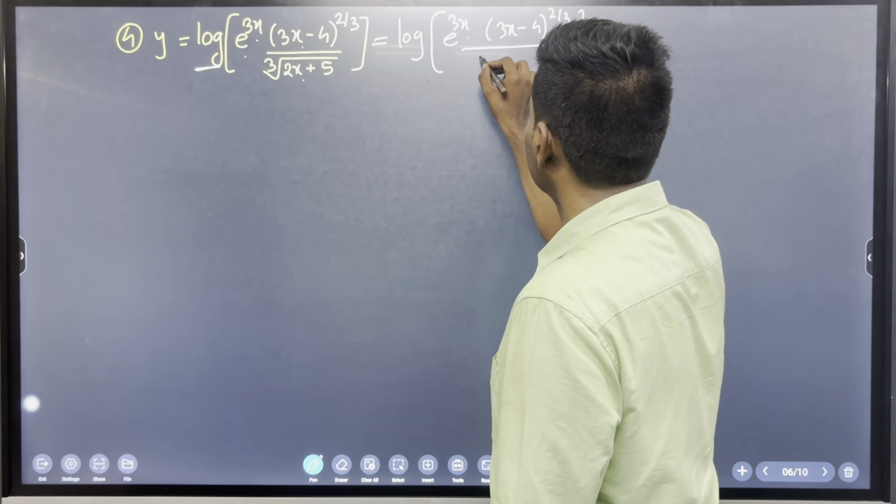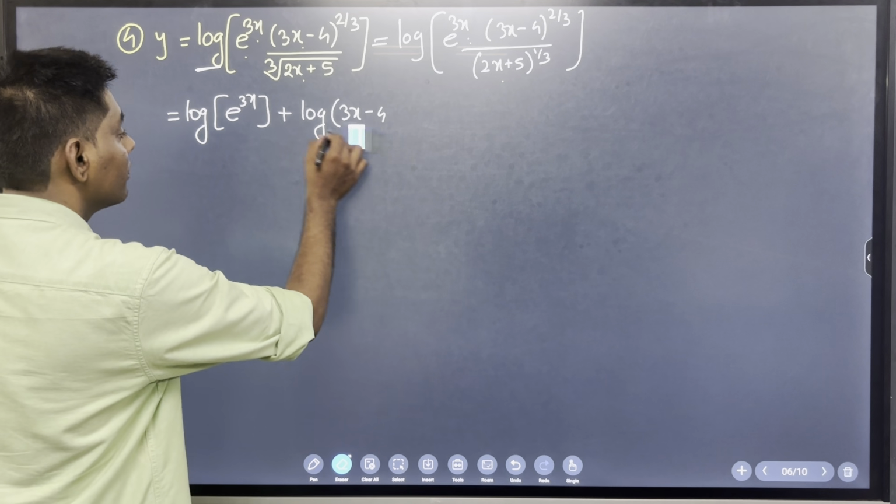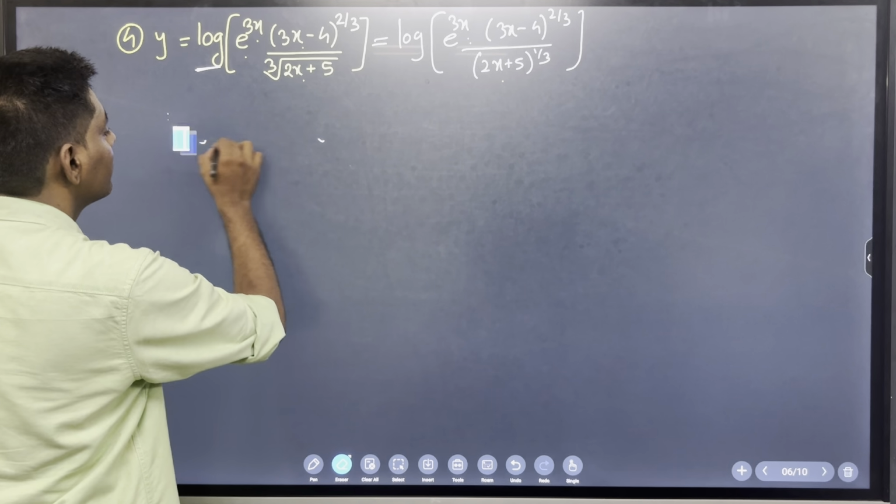plus log of 3x minus 4. Okay, so we solve. When we apply the log, that is log of, these are both terms, that is multiplication, e raised to 3x, 3x minus 4 raised to power 2 by 3.